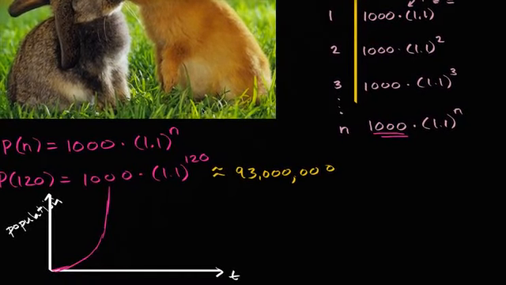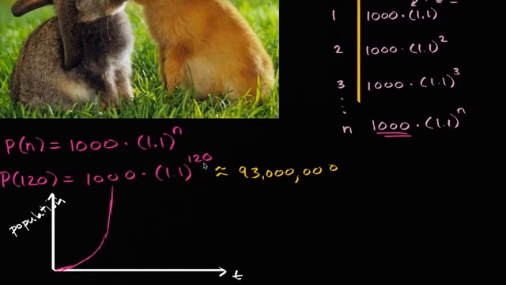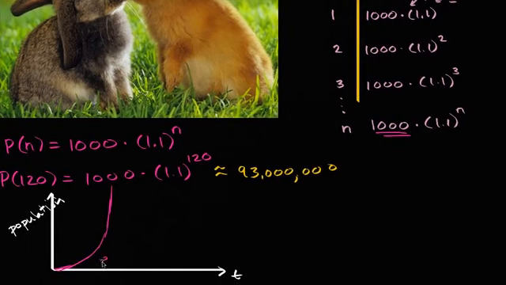But as you notice, I keep saying if they have enough food and if they have enough space. The reality in the world is that there is not infinite food and infinite space, and it isn't the case that there are no predators or competition for resources. And so there is actually a maximum carrying capacity for a certain part of the environment for a certain type of species. What we just described is exponential growth.